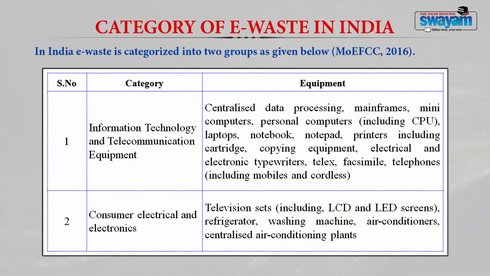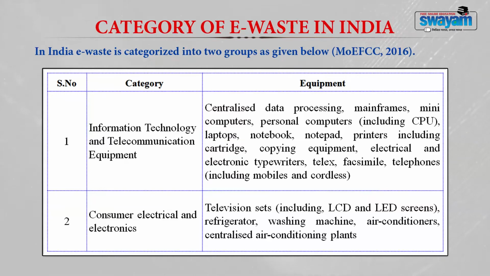Now, this table shows how e-waste is categorized in India. According to the Ministry of Environment, Forest and Climate Change, e-waste is categorized into 2 groups: 1. Information technology and telecommunication equipment, and 2. Consumer electrical and electronic items.